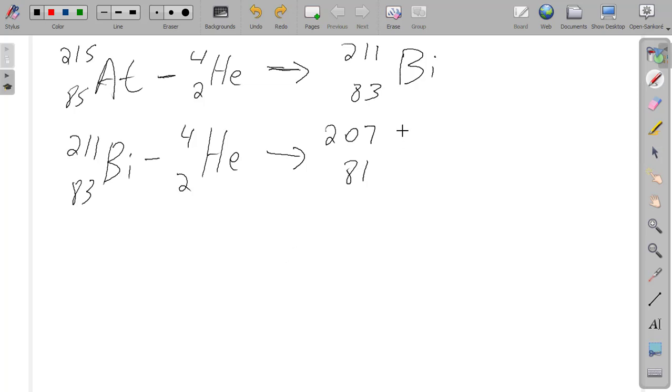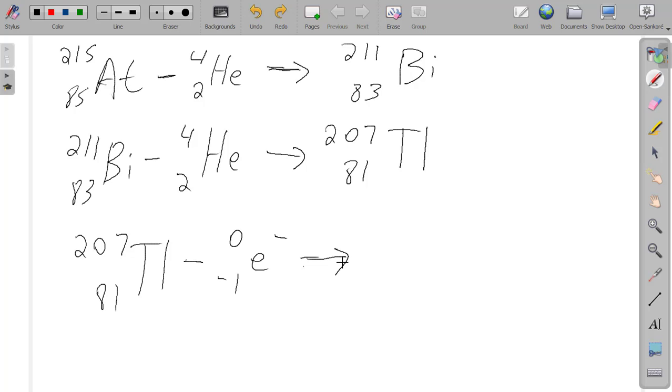And when we look at the periodic table, we're going to see that it's thallium, Tl. All right. So now we have 207, thallium, 81, and we're going to have a beta decay, which is 0, e, minus 1.